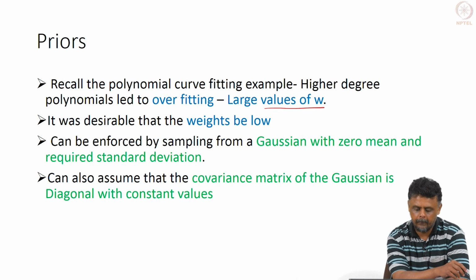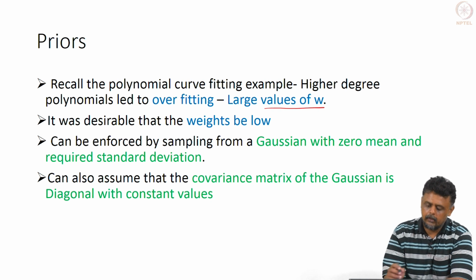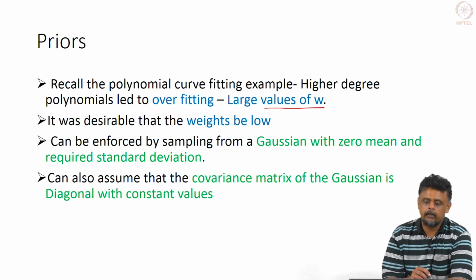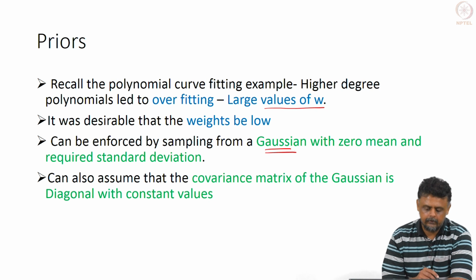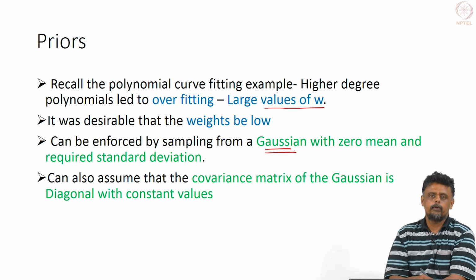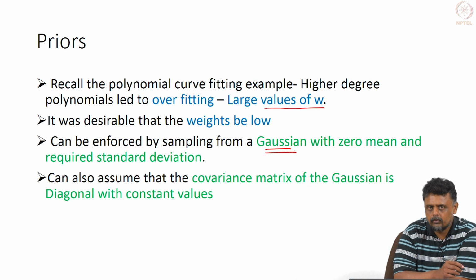So, it was overfitting. How can we enforce that? We can enforce that by saying that the prior should be a Gaussian with 0 mean and a standard deviation, which we can either estimate or set as a hyperparameter by cross validation.